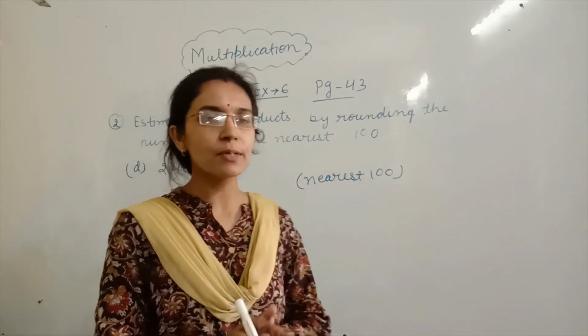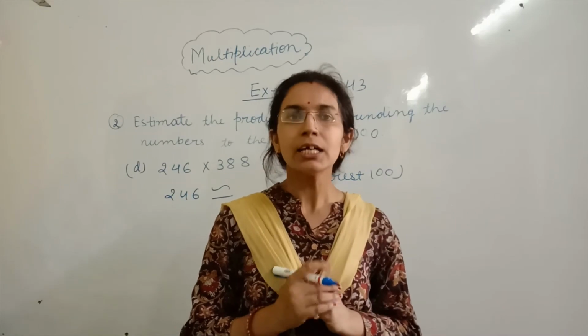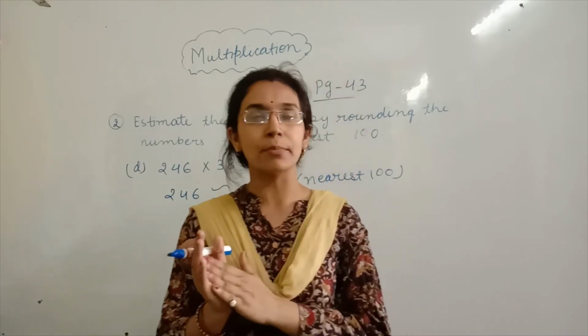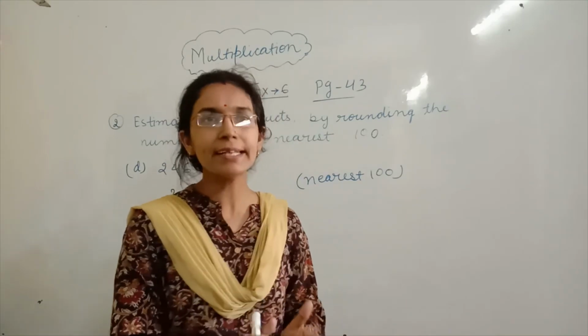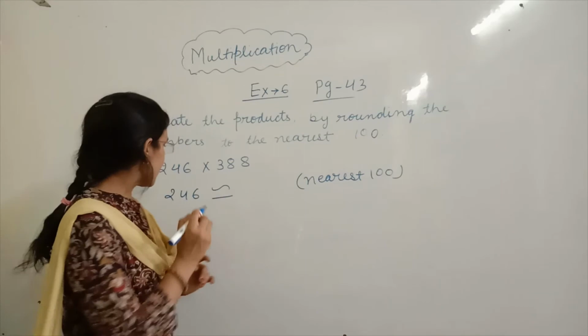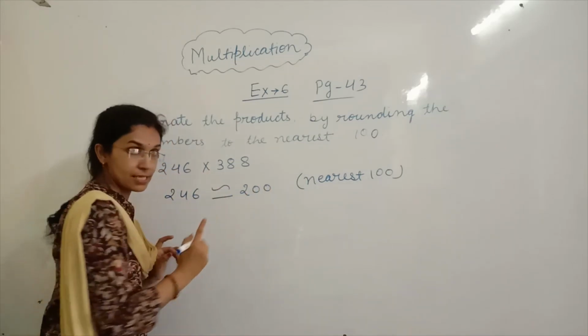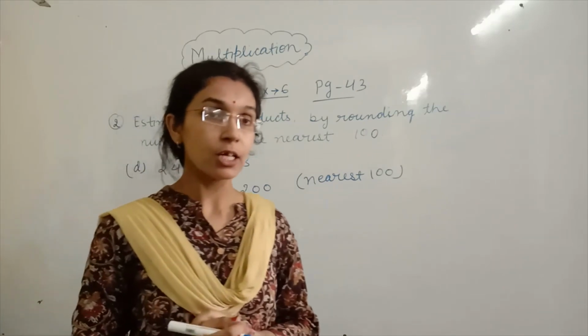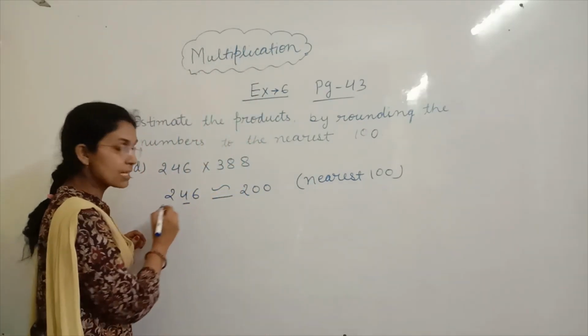Now you see 246 is there. It lies between 200 and 300. So it is nearest to which number, 200 or 300? Automatically it is nearest to 200. So this rounding will be 200. But one more part is there. You also pay attention to the tens place.